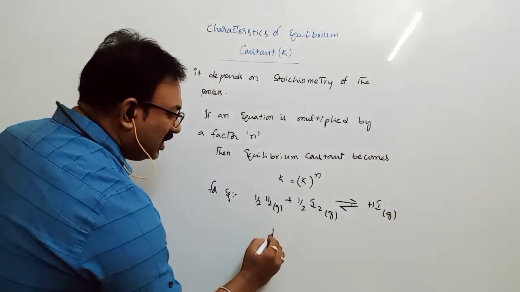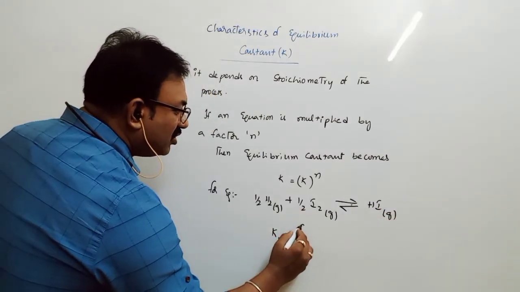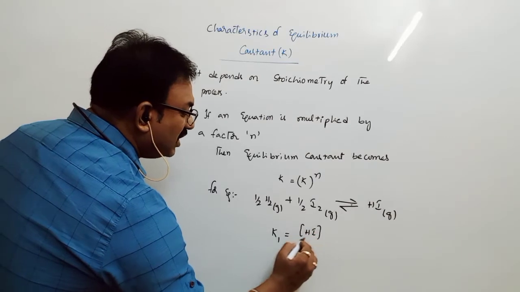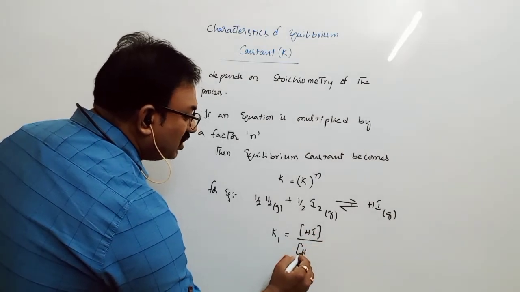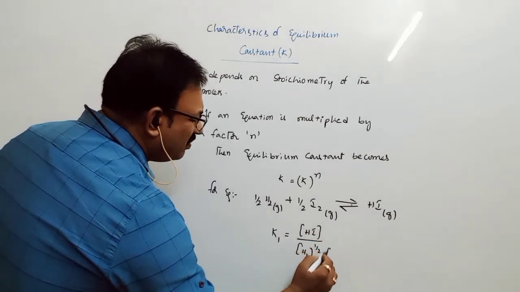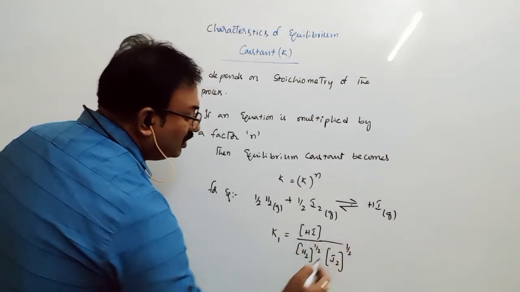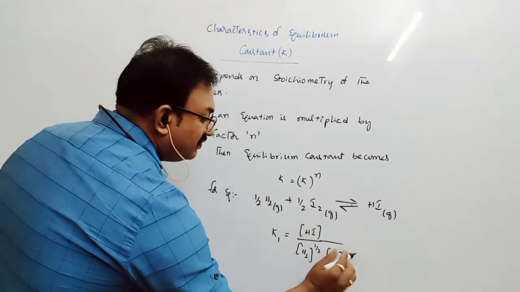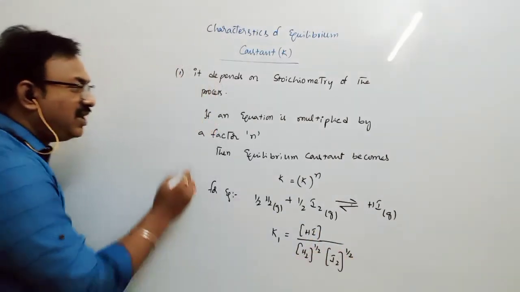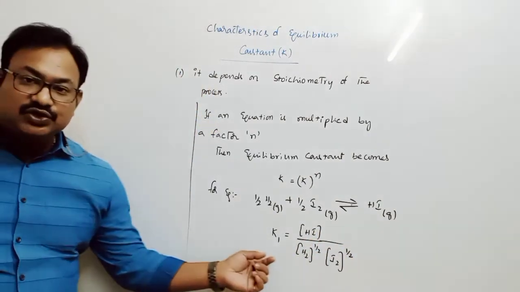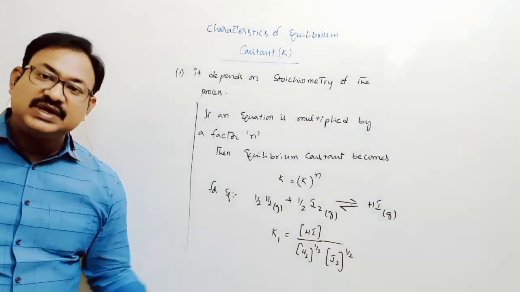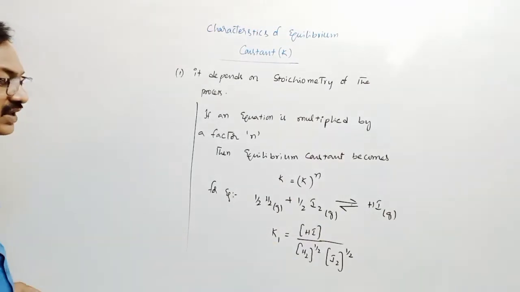Here K1 can be written as concentration of HI divided by concentration of H2 power half into concentration of I2 power half.